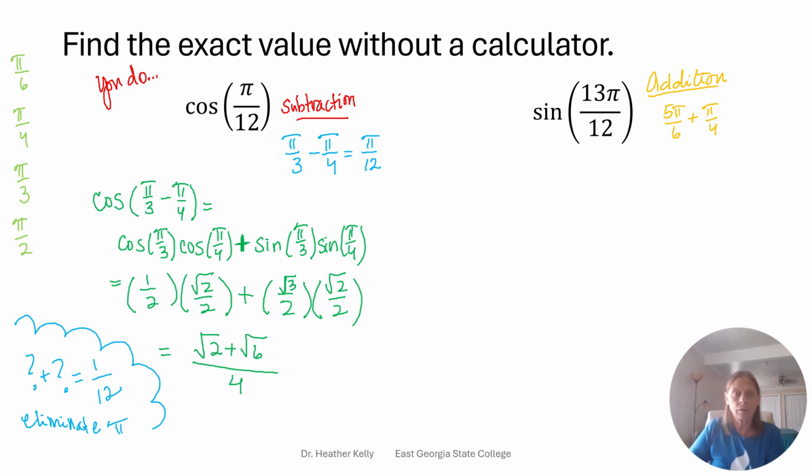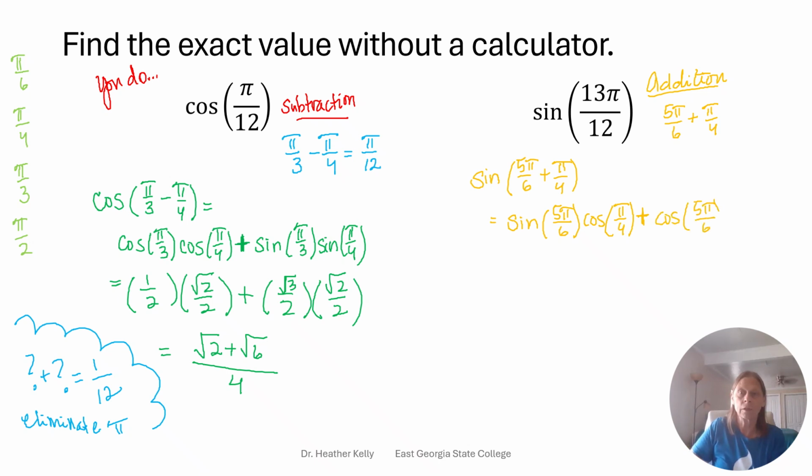All right, so this is going to become the sine of 5 pi over 6 plus pi over 4. That's equal to the sine of 5 pi over 6 times cosine of pi over 4, plus, the sign stays the same with sine, cosine of 5 pi over 6 times sine of pi over 4.